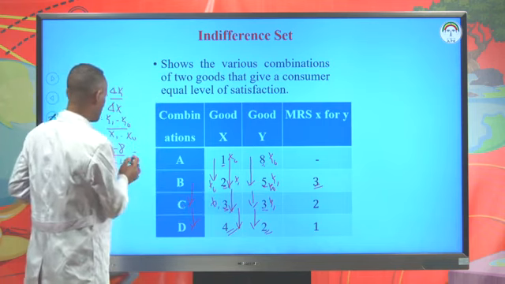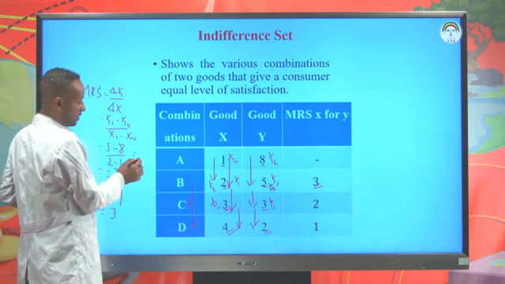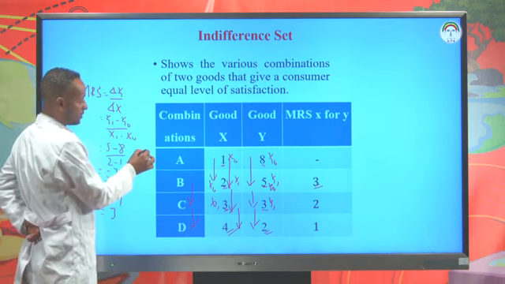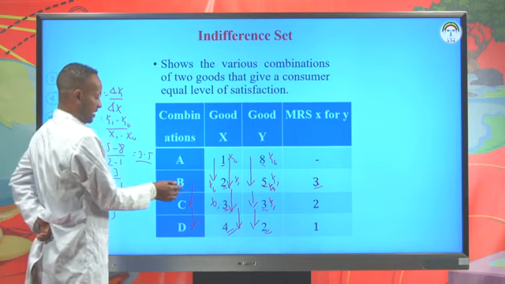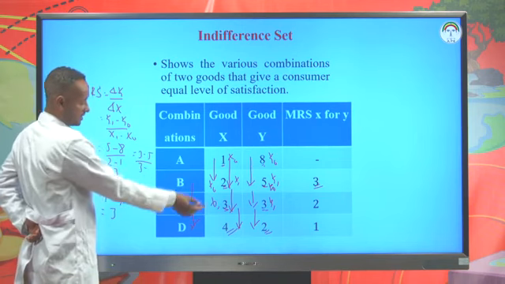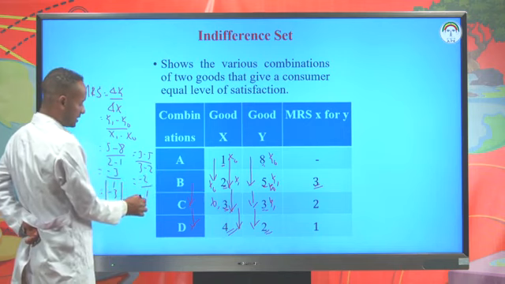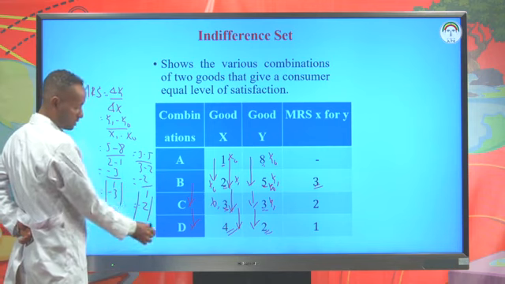Then when we substitute into the formula, the value of Y final is 3 minus the value of Y initial, 5, divided by the value of X final, 3, minus X initial, 2, which is minus 2 over 1, and then this is minus 2. Then when we take the absolute value, we are left with 2.